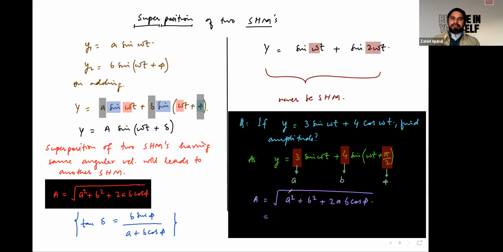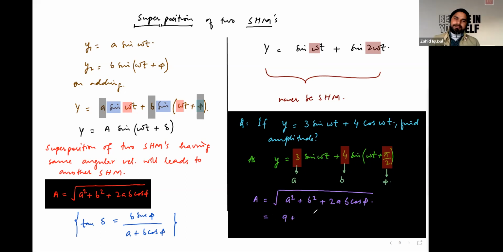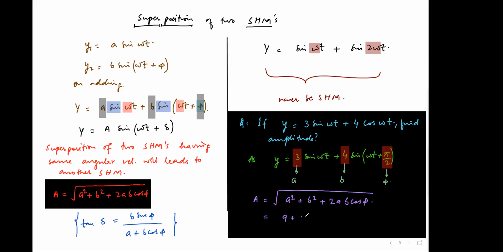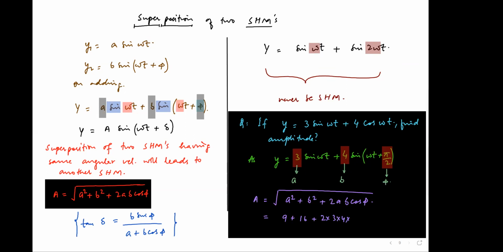Salman, tell me the value of small a. 3, so A squared will become 9. For B, 4, so it will become 16. And 2 times A into B into cos phi, which is pi by 2.